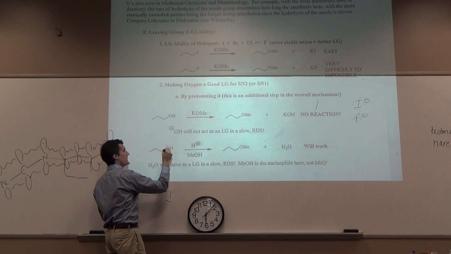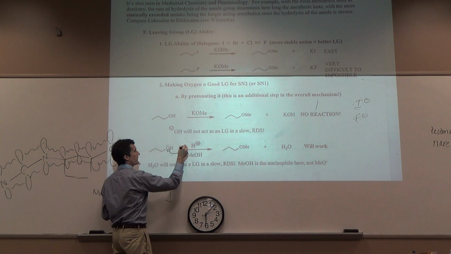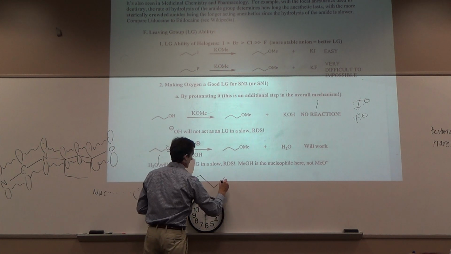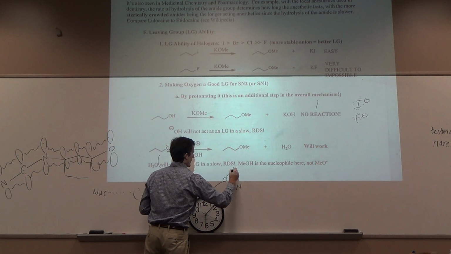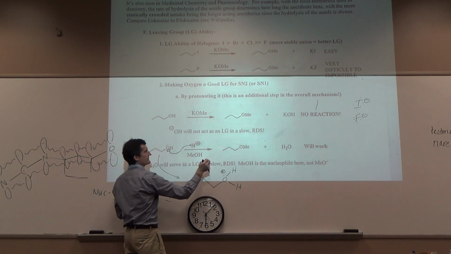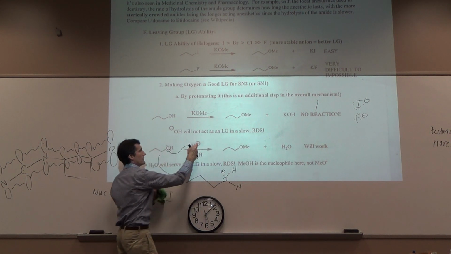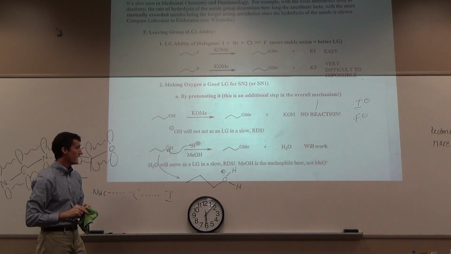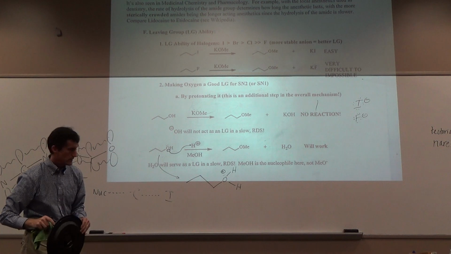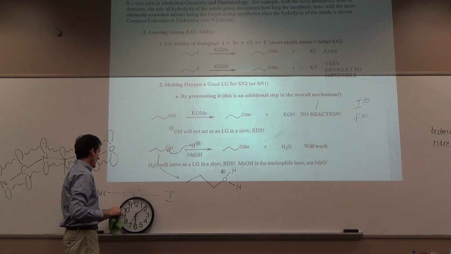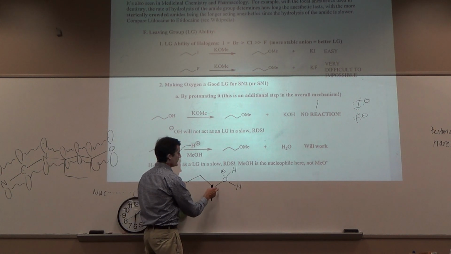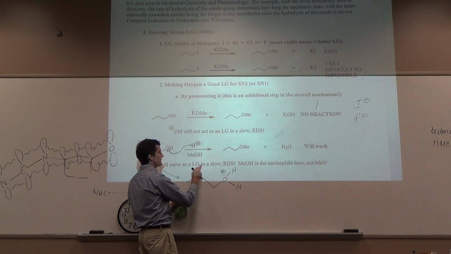You make it positive by protonating it. These electrons react with the acid. What do you get? This is a strong acid, okay? H+ implies strong acid. Now it will leave. A positive oxygen will leave.